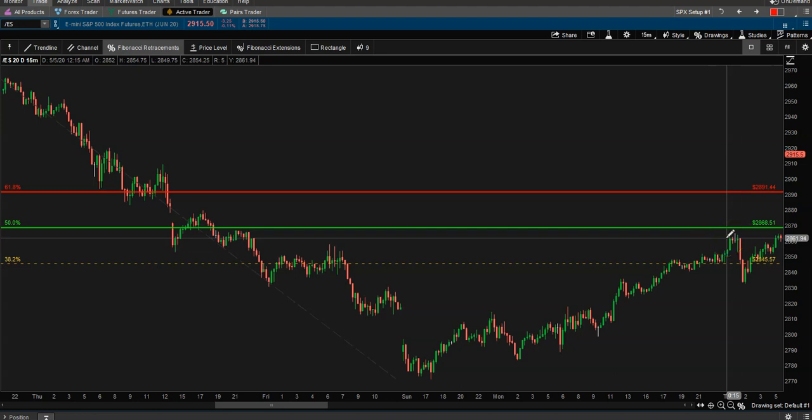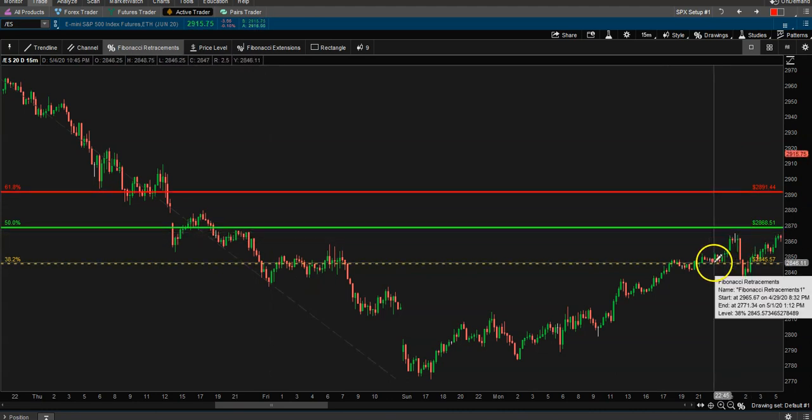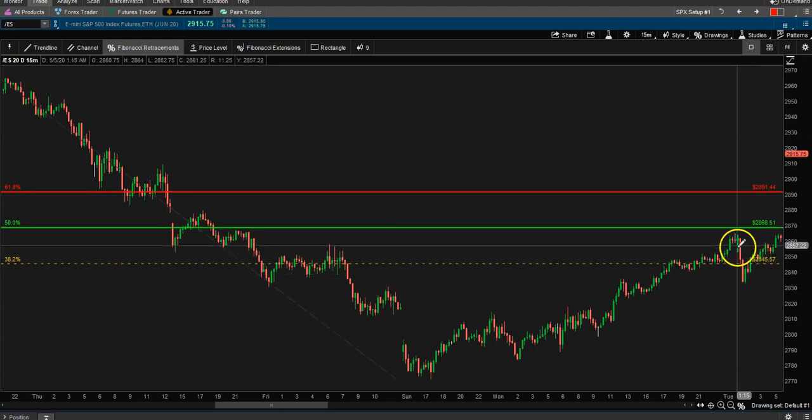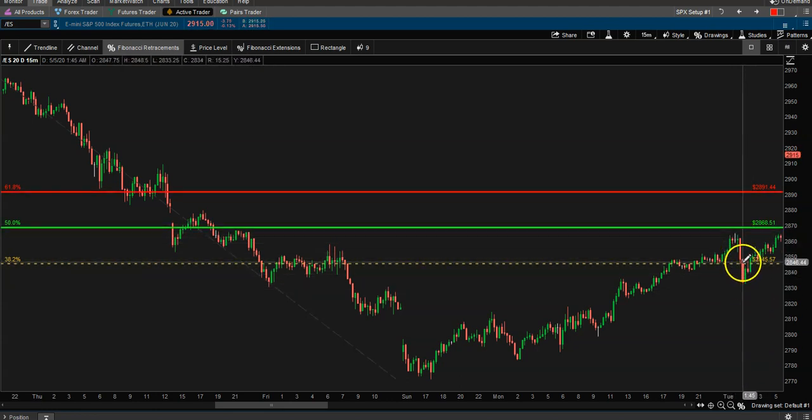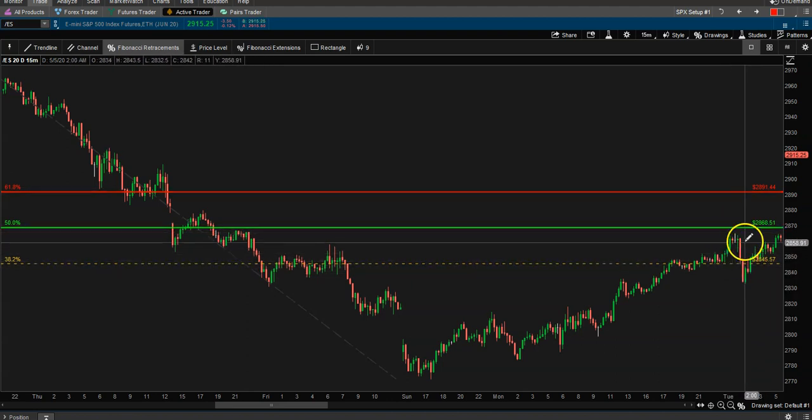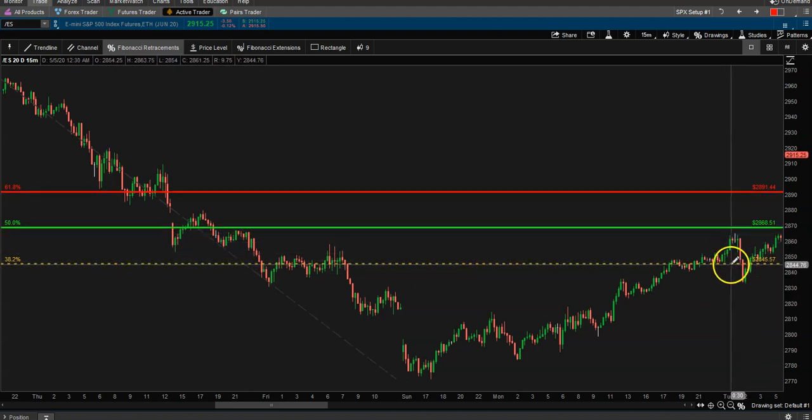Maybe how aggressive you are, looking for other things, double tops, things like that, right? And guess what? You're short here, you're short here, the pullback. Now you've made money here, you've made money here. Maybe if you get here, you cover both positions and you've actually broken even here and you made money here.